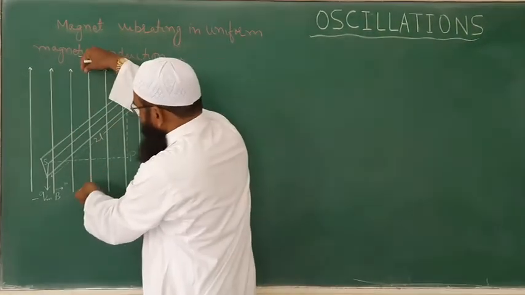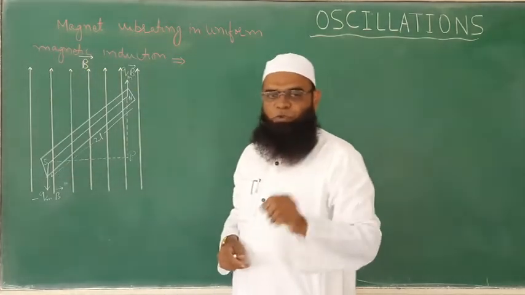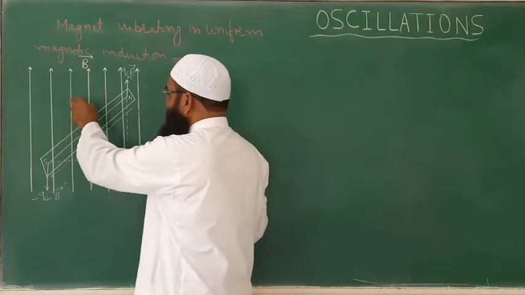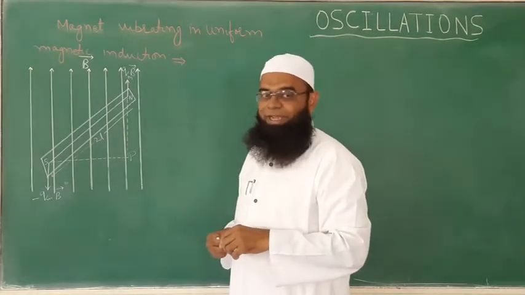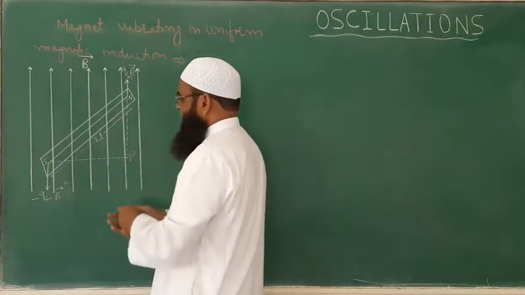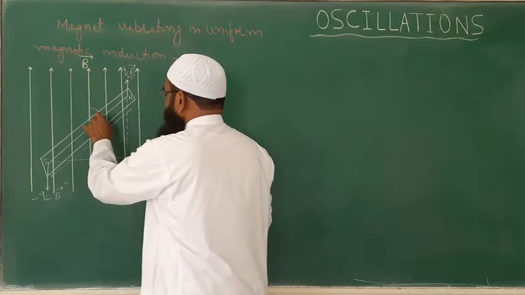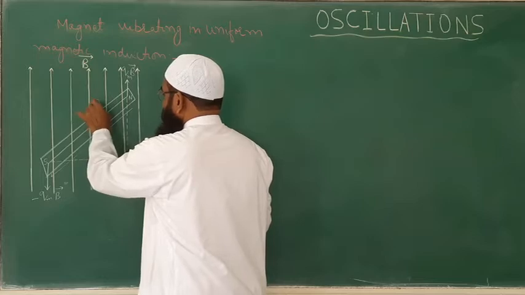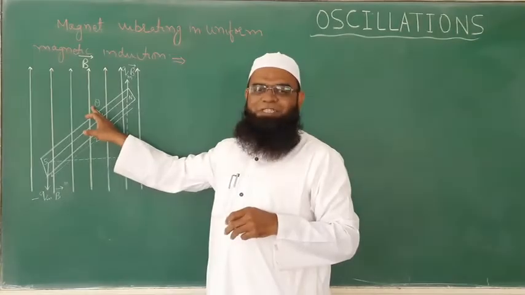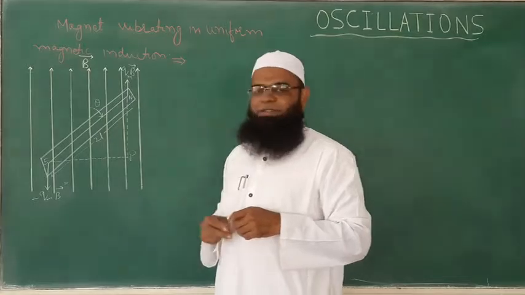If this magnet is displaced from its equilibrium position through a small angle theta and released, then it performs angular simple harmonic motion. Here you can see its angular displacement is theta and, for example, its direction is clockwise.